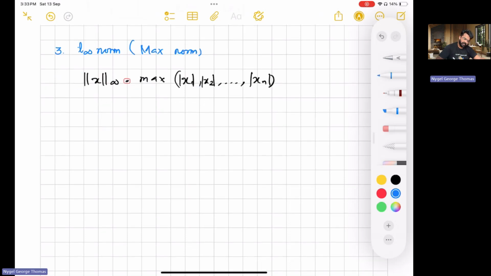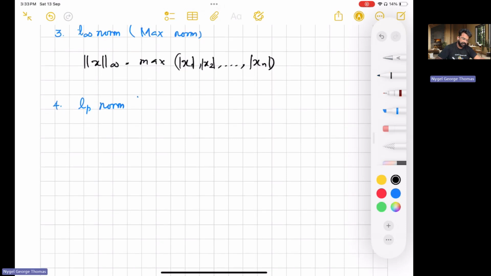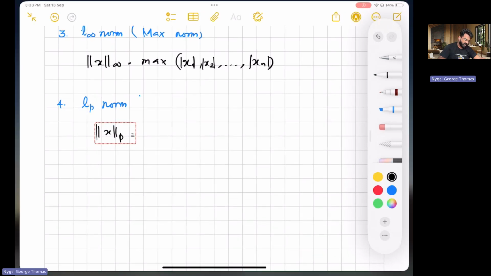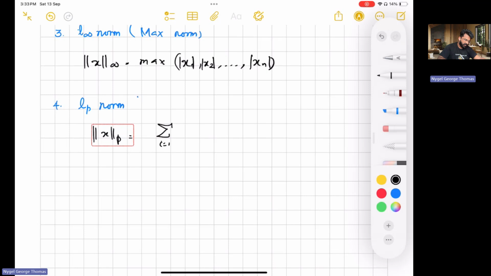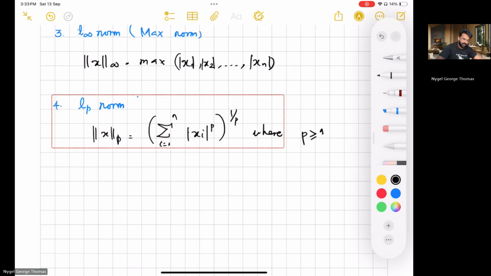And finally, we can also define an Lp norm. Let me first define the Lp norm. This is sigma i equal to 1 to n, modulus of xi raised to p, all raised to 1 by p, where p is greater than or equal to 1.